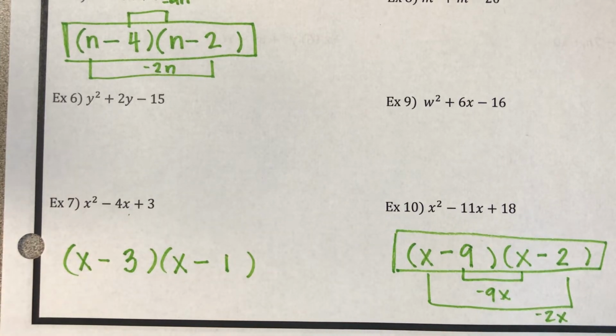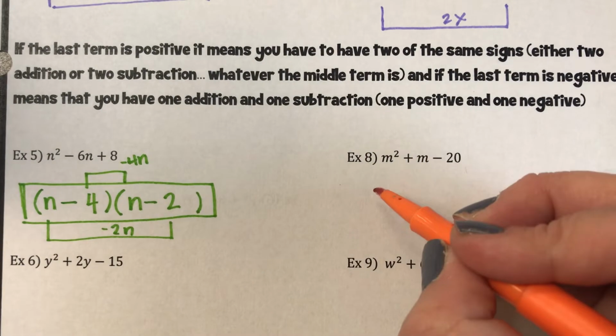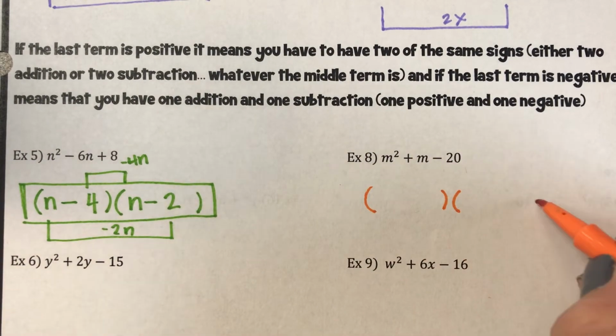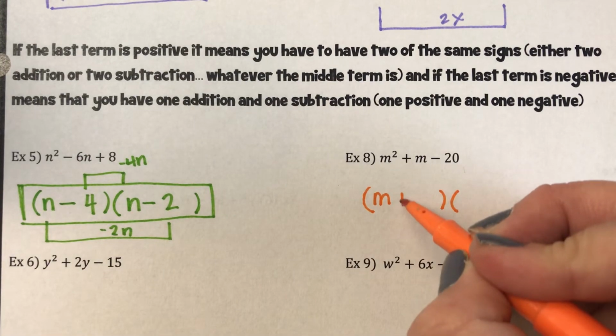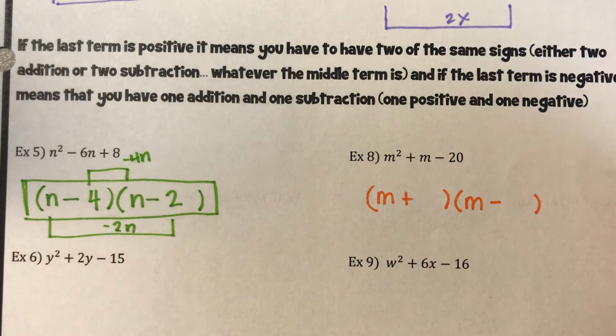So what about if it's a minus sign at the end? Okay, like this one. Number 8. That means that you are going to have 1 plus and 1 minus. Okay, so let's think about what numbers I can multiply to give me 20 that instead of adding are going to have a difference of positive 1.